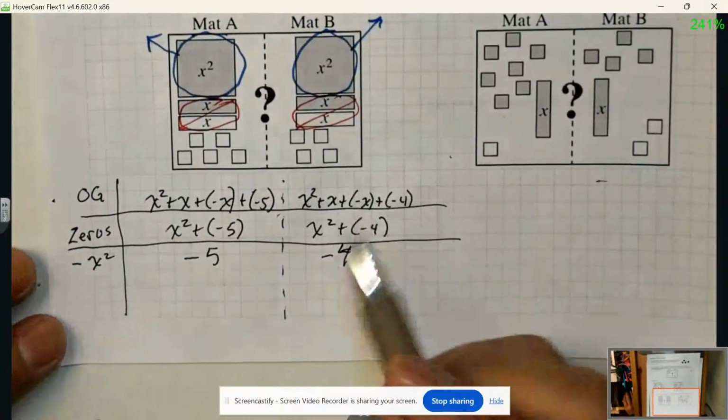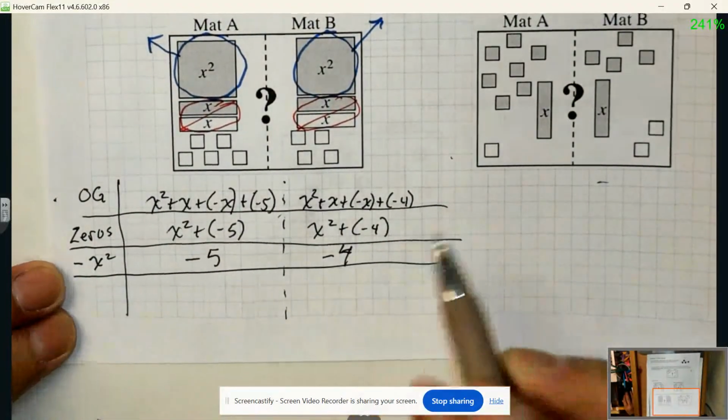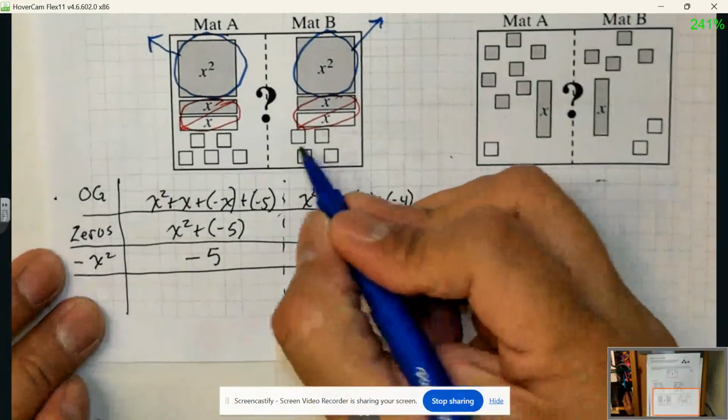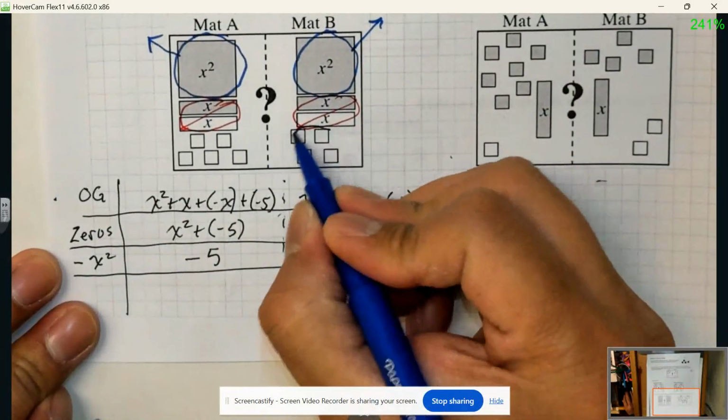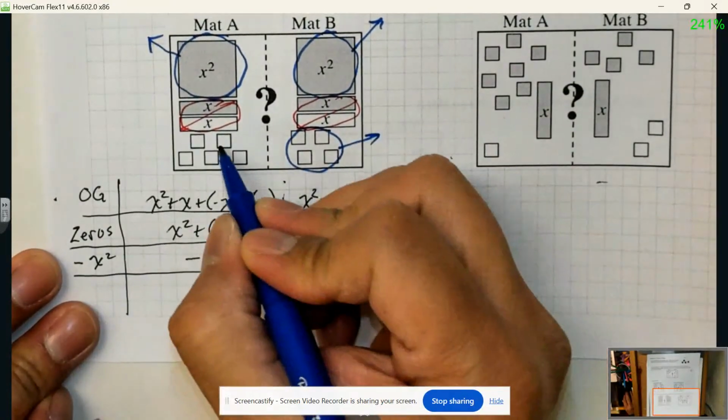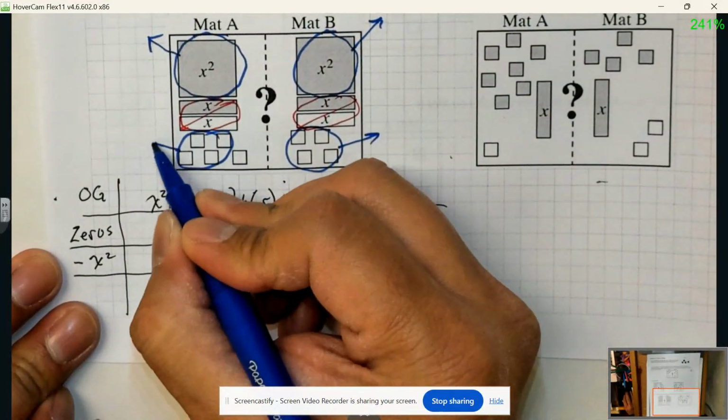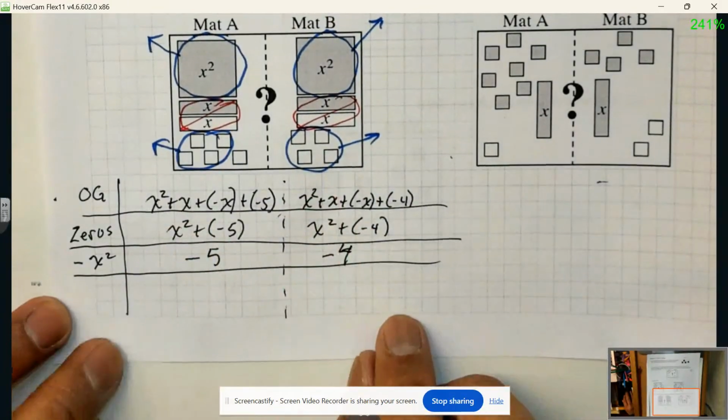Let's see. So my next move would be I can take away 4 negatives from this side, and I could take away 4 negatives from this side, and I'm taking away the same thing.